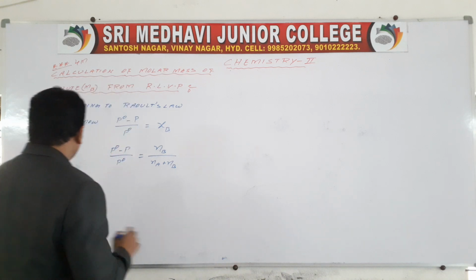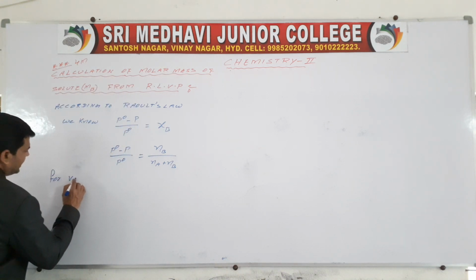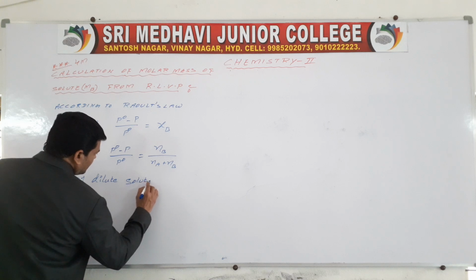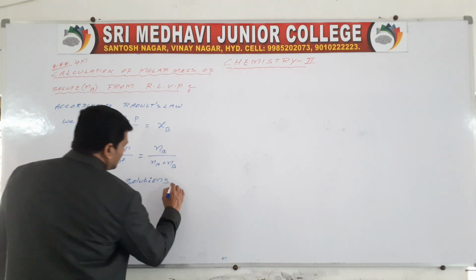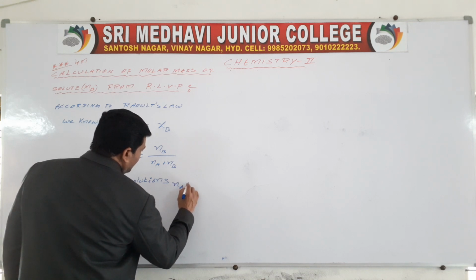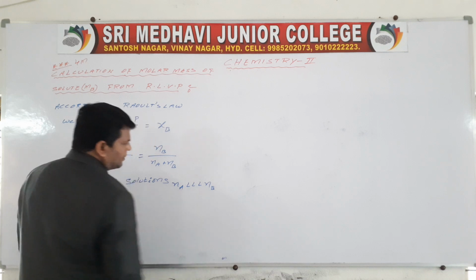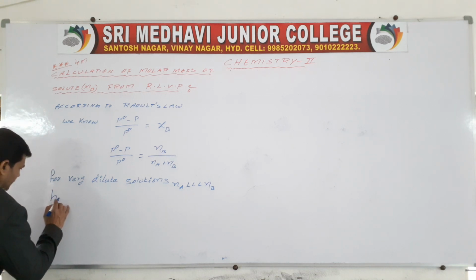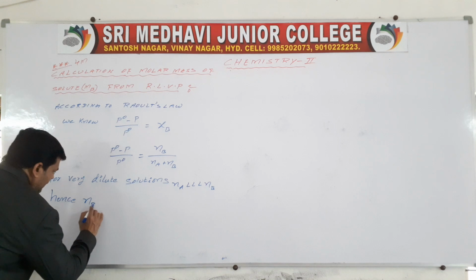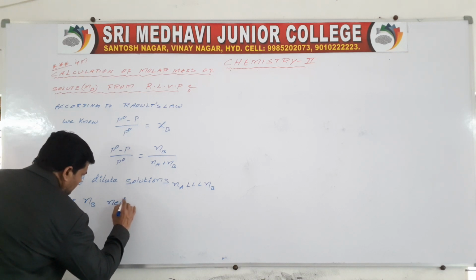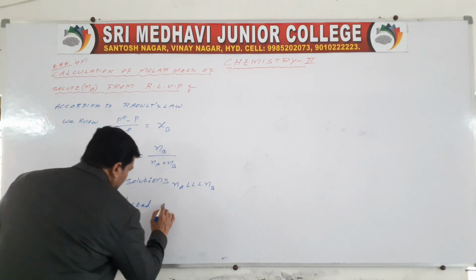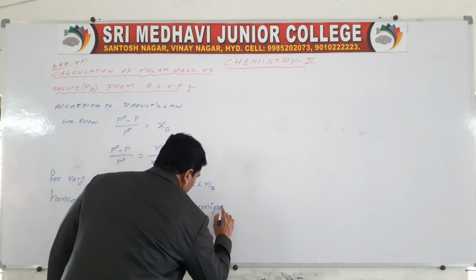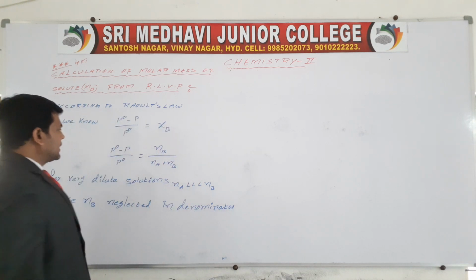That's why for very dilute solutions, NB is far less than NA. Hence NB can be neglected in the denominator.